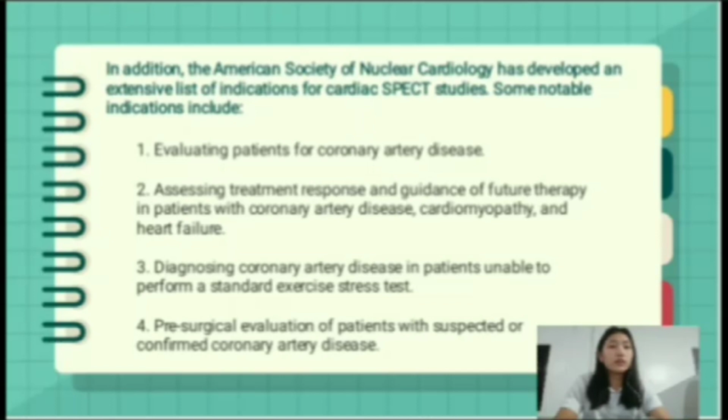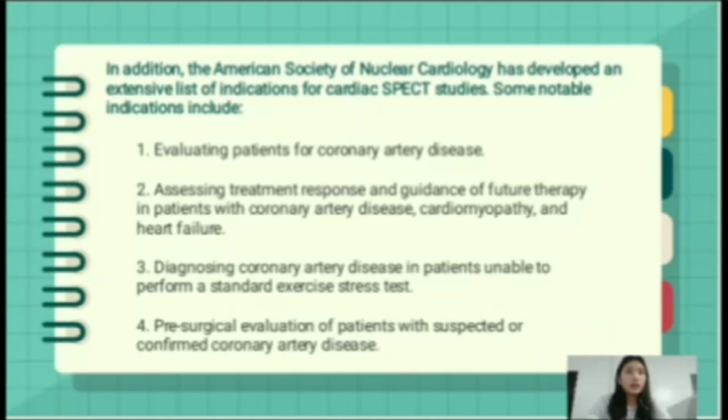Some notable indications include evaluating patients for coronary artery disease, assessing treatment response and guidance of future therapy in patients with coronary artery disease, cardiomyopathy, and heart failure, diagnosing coronary artery disease in patients unable to perform a standard exercise stress test, and pre-surgical evaluation of patients with suspected or confirmed coronary artery disease.